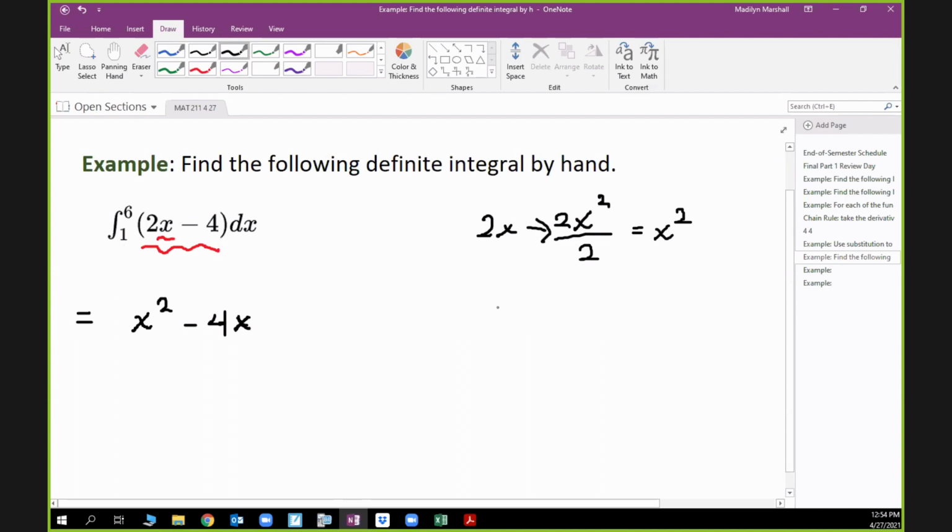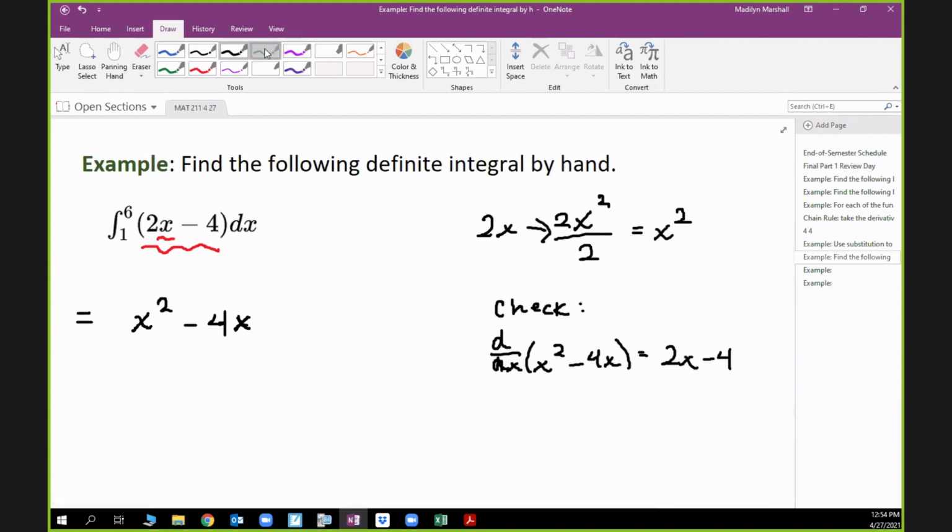And we can always check, if you're ever unsure about your integral, by just taking the derivative of what you got. So x squared minus 4x would be 2x minus 4 if we do the derivative. So we can always do the derivative to check our integration.